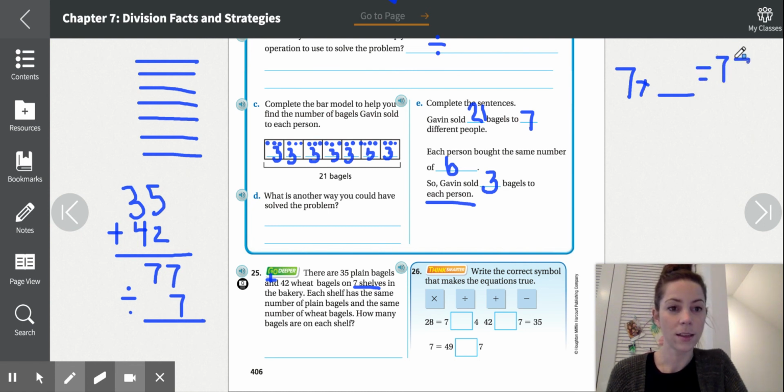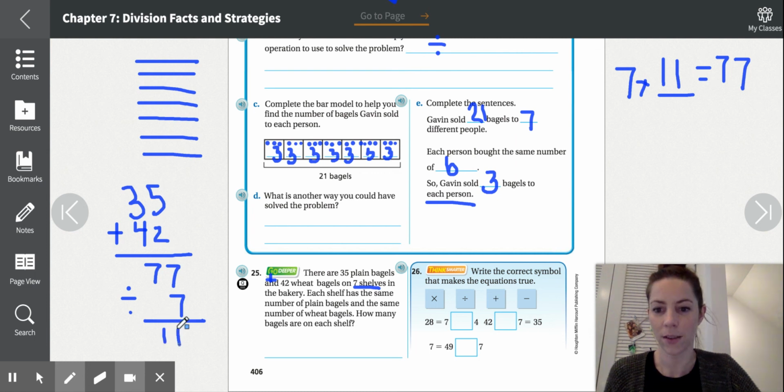This is one of the multiplication tricks that we didn't learn quite yet, but some of you might already know it. Whenever you have the factor written twice as the answer, you're multiplying it by 11. So 7 times 11 is 77. So 77 divided by 7 is 11. So if you got 11, very good job.